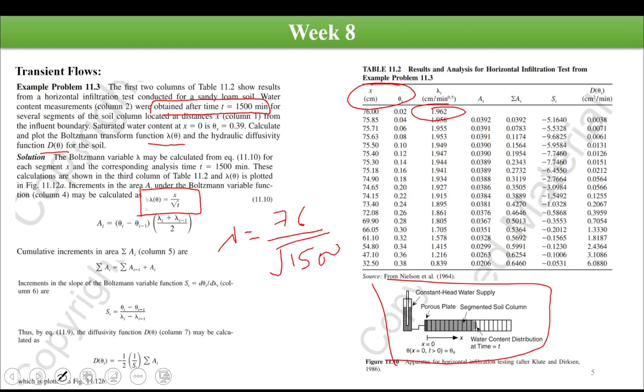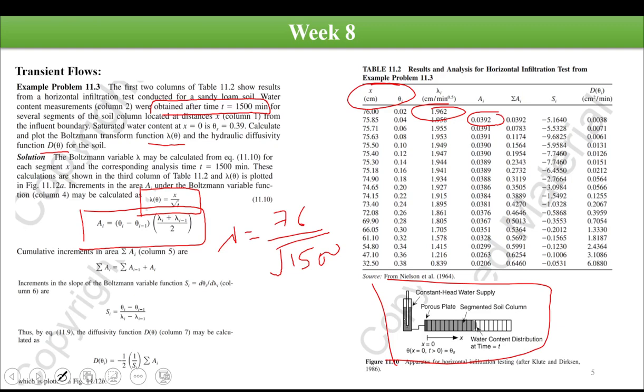Secondly, we need to determine the cumulative increment in area. For that, we first need to determine the area at a particular lambda and theta value. The increment in the area A I, which is given here with this formula, is written as theta I minus theta I minus 1, multiplied by lambda I plus lambda I minus 1 divided by 2, so the average of lambda I minus 1 and lambda I. In this way, we can calculate this A I value.